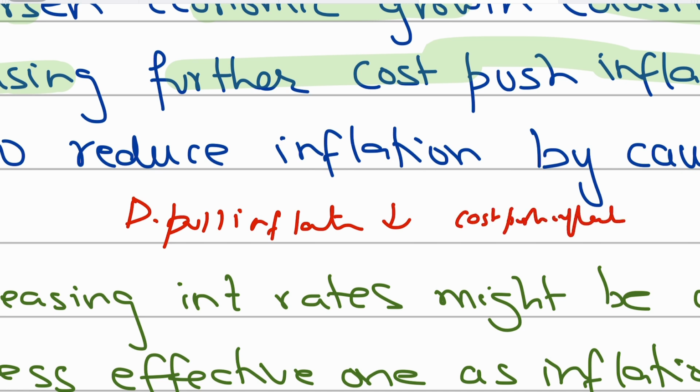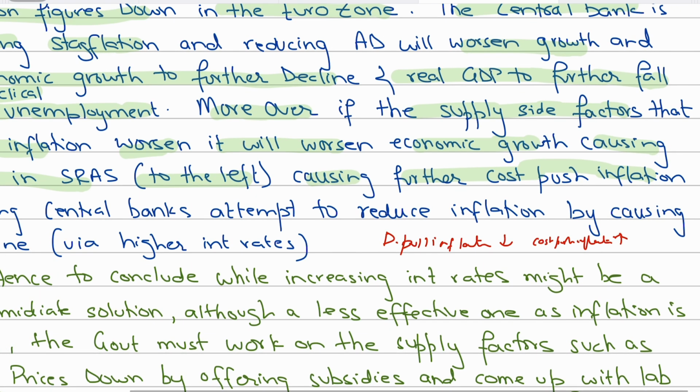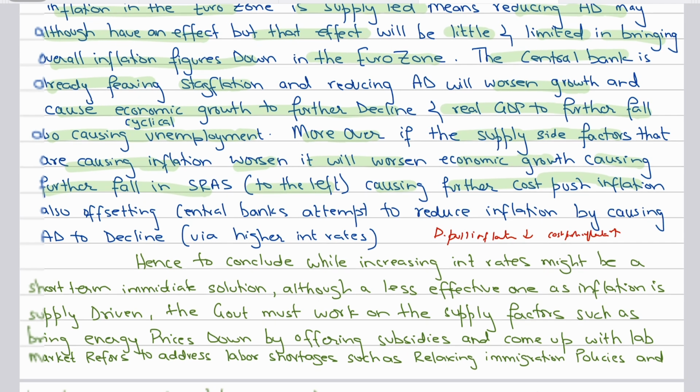So overall, your price level in the economy is not really going down. It's sort of unchanged, you can say. The cost push inflation will offset the fall in demand pull inflation. So overall inflation in the economy, or the CPI, would not really change or might end up going up further, right?